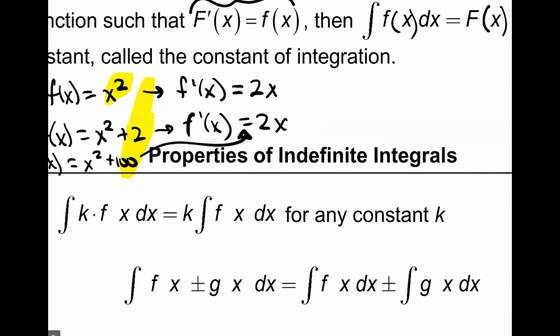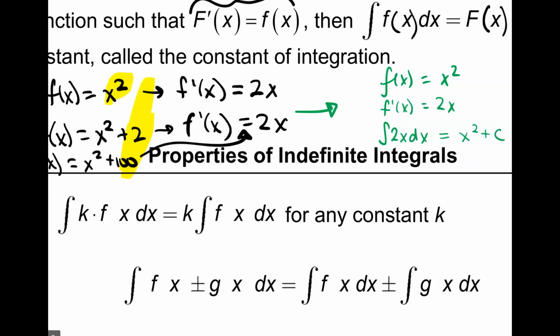Ready for this magic? Magic time. If f of x is equal to x squared, and we know f prime of x is 2x, then the integral of 2x dx is just x squared plus c, where c is the constant. I don't know what my original function was. That's what I was trying to show you on the left side.